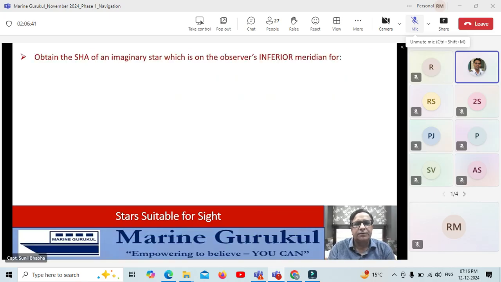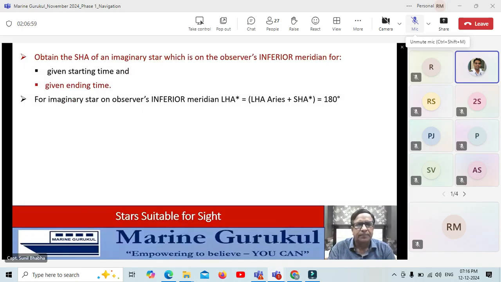Now, for such cases, we'll have to obtain the SHA of an imaginary star which is on the observer's inferior meridian this time, not on the observer's meridian, at the commencement of the interval and at the end of the interval. For the imaginary star on the observer's inferior meridian, the LHA shall not be 360, but 180.